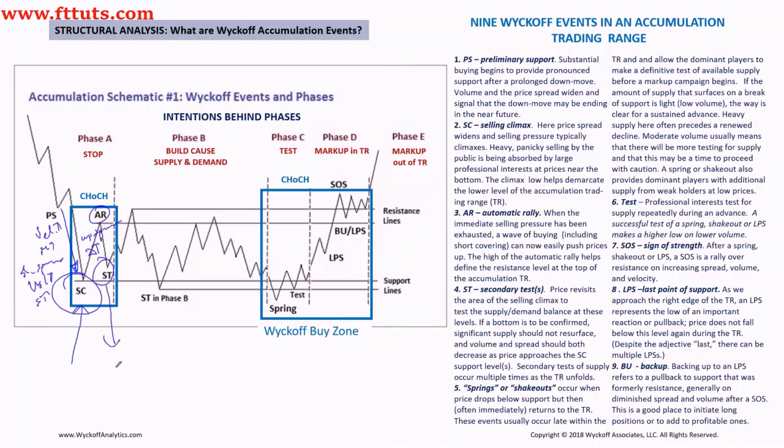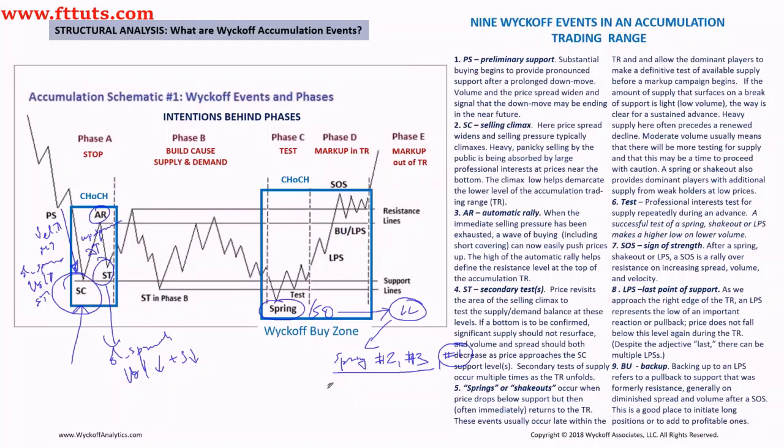Secondary test is going to see the diminishing downward spread and diminishing volume signature, and specifically diminishing supply signature. Spring as well as a shakeout will have a structural lower low, and then we'll study the springs.